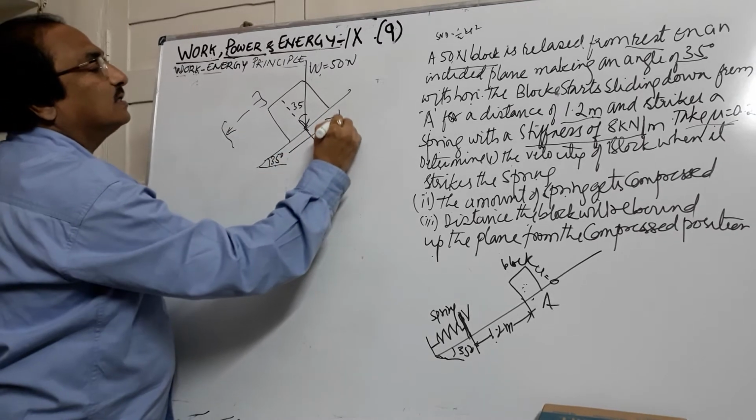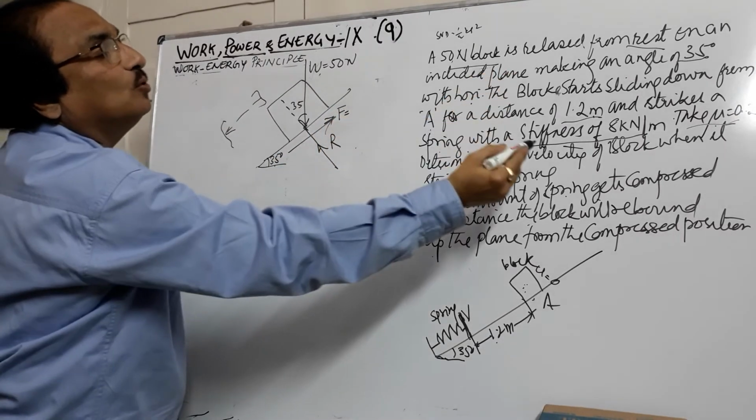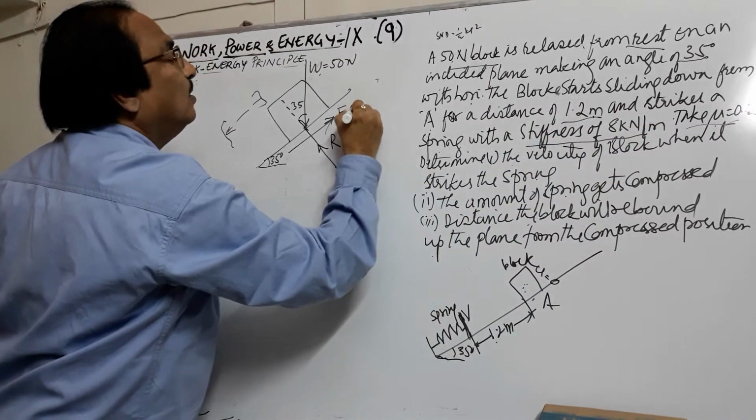Now here this is a friction, F is equal to mu into R, and mu given to you is 0.25.